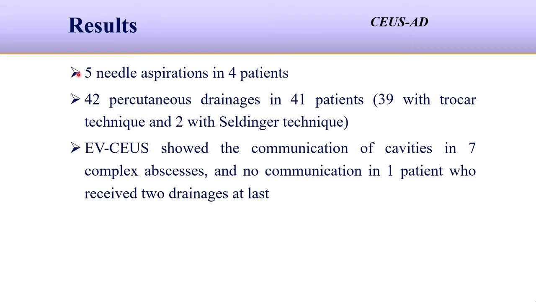Results: we performed 5 needle aspirations in 4 patients and 42 percutaneous drainages in 41 patients. Extravascular contrast enhanced ultrasound showed the communication of cavities in 7 complex abscesses, and no communication in 1 patient who received 2 drainages at last.